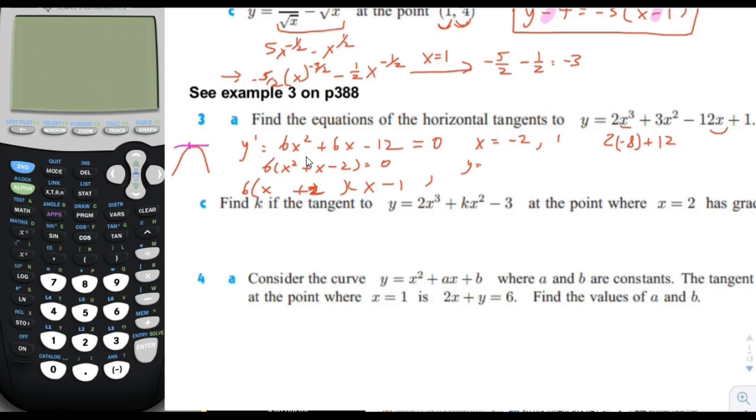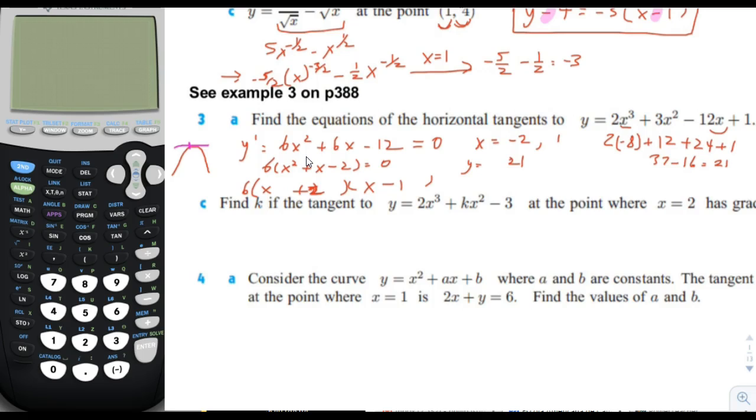And then we have a minus 12x, minus 12 times negative 2, which would be positive 24, and then plus 1. So that would be negative 16 plus 37, right? Looks like 37 here. So 37 minus 16 equals 21. So let's see, the y-coordinate that corresponds to negative 2 would be 21.